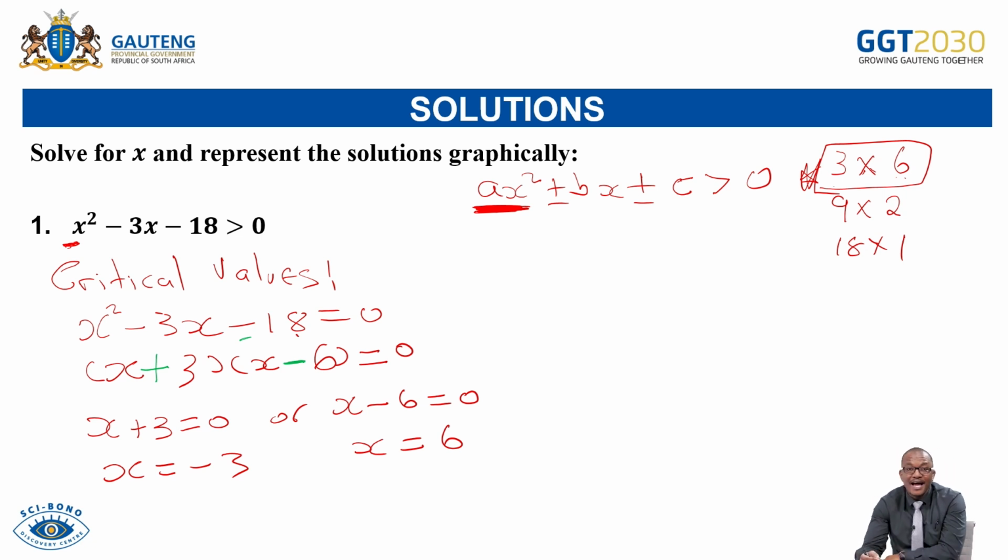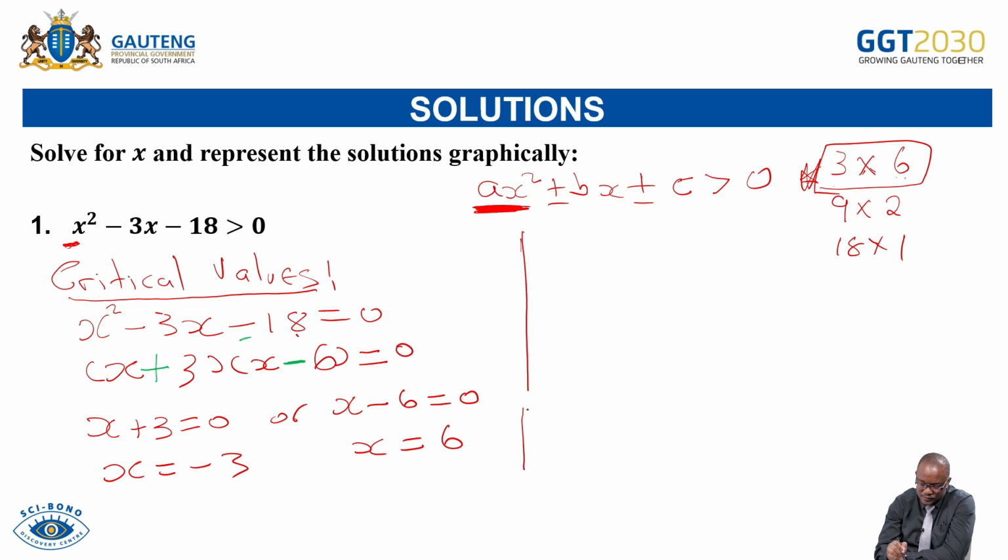So those are critical values. We haven't solved or answered our question as yet. There we were calculating what we call critical values. And what do we do when we have to solve our question? Remember, we said that we must represent the solution on a number line.